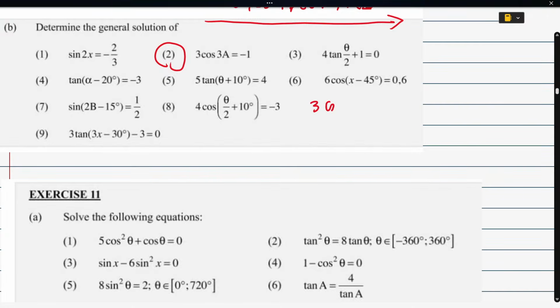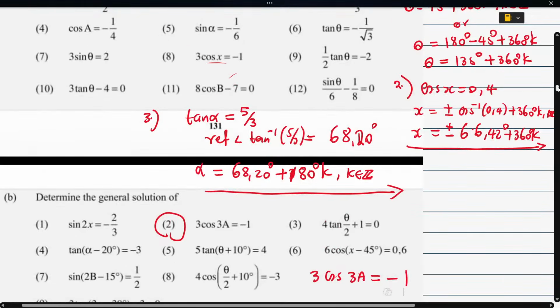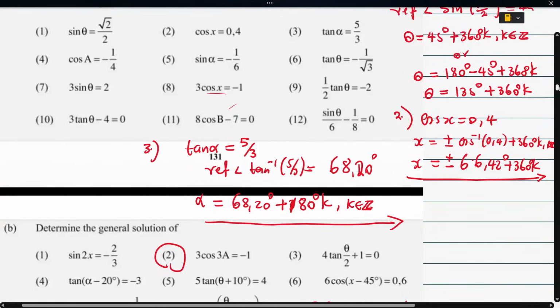It's 3 cos 3a is equal to -1. Look at this one, class. Is it 5 over 2 or 5 over 3? It's given, it's 5 over 3.